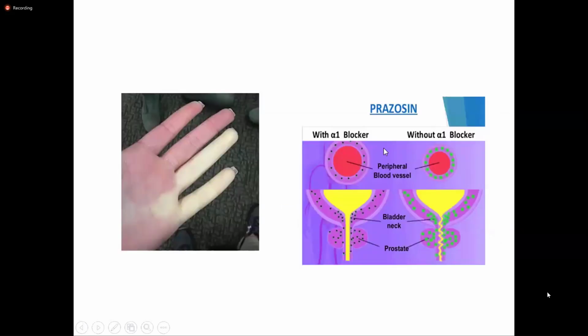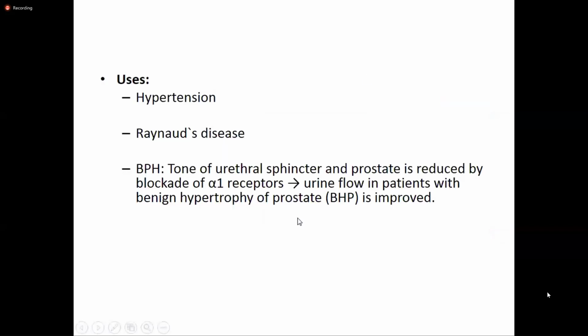Due to the increase in size of the prostate, the sphincters are usually constricted, and there is difficulty in micturition. The alpha-1 blocker causes relaxation of the sphincters present on the urinary bladder, so urine flow is improved in patients suffering from BPH.